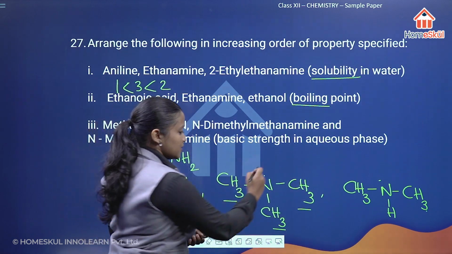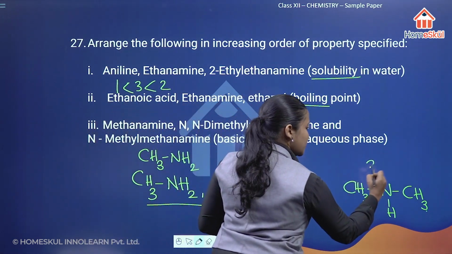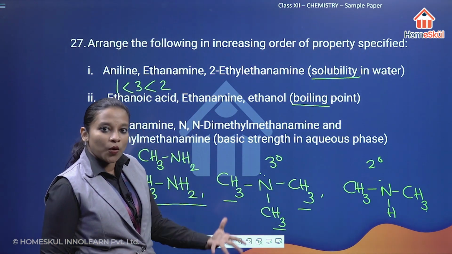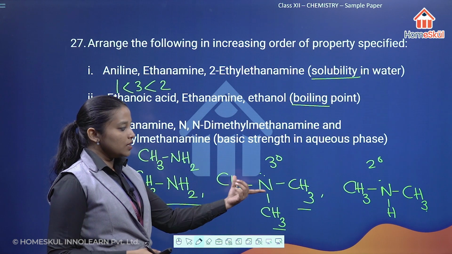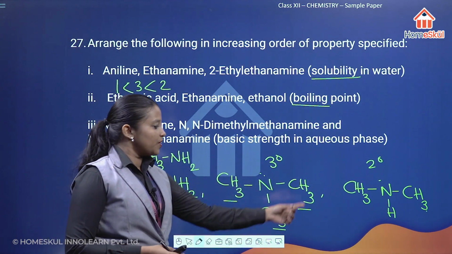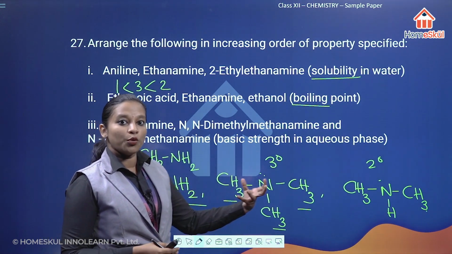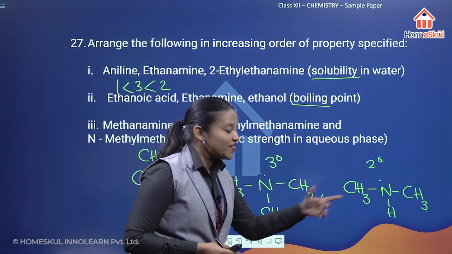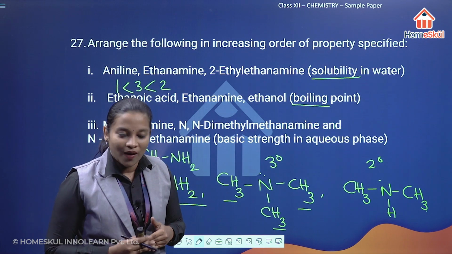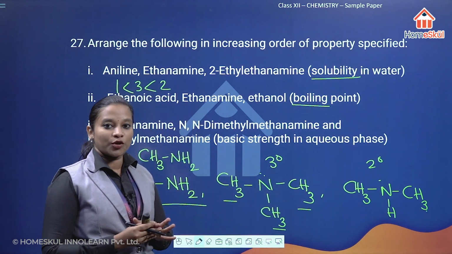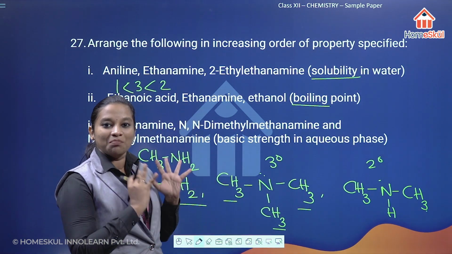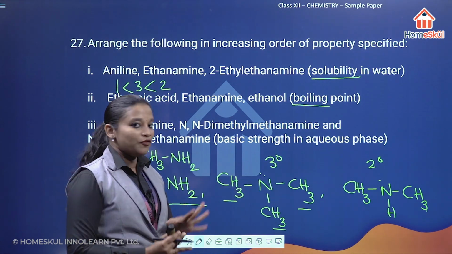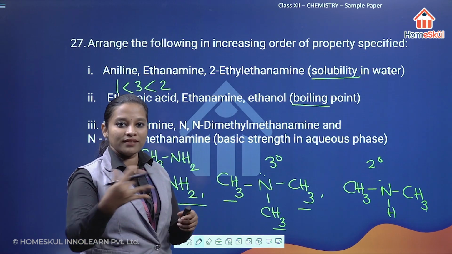Now we have two of them. One is tertiary and one is secondary. Based on the above fact, the tertiary one, which has three CH3 groups, should have more basic character. But contradictorily, the secondary has more basic strength, because these three CH3 groups are bulkier groups that hinder the lone pair of electrons from donating to any other group.